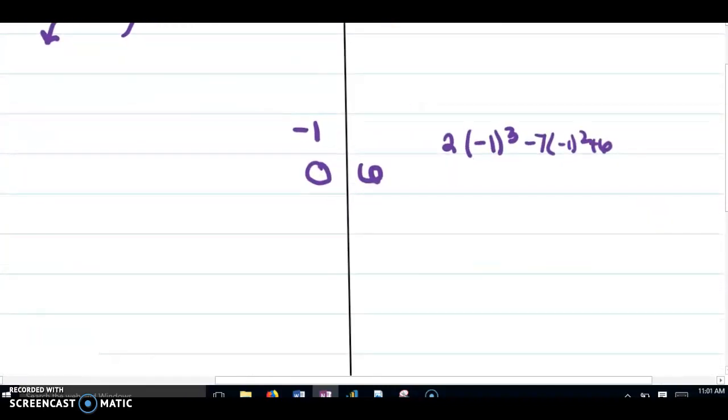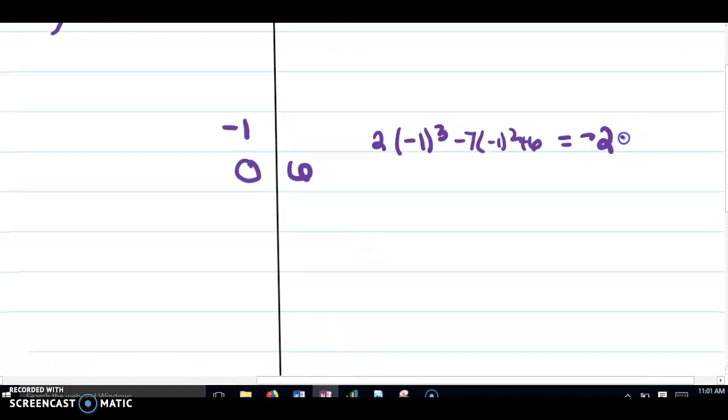And -1 cubed is -1, times 2 is -2. -1 squared is 1, times -7 is -7, plus 6, which ends up giving us -3. So that point works out.